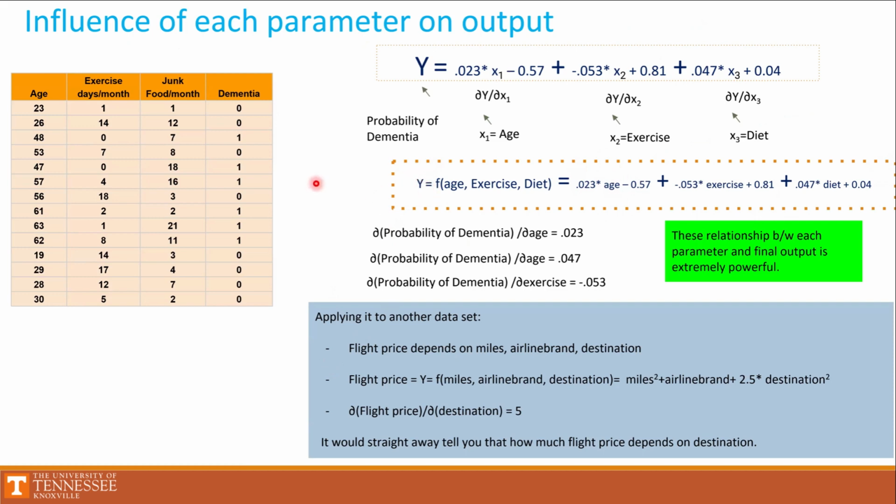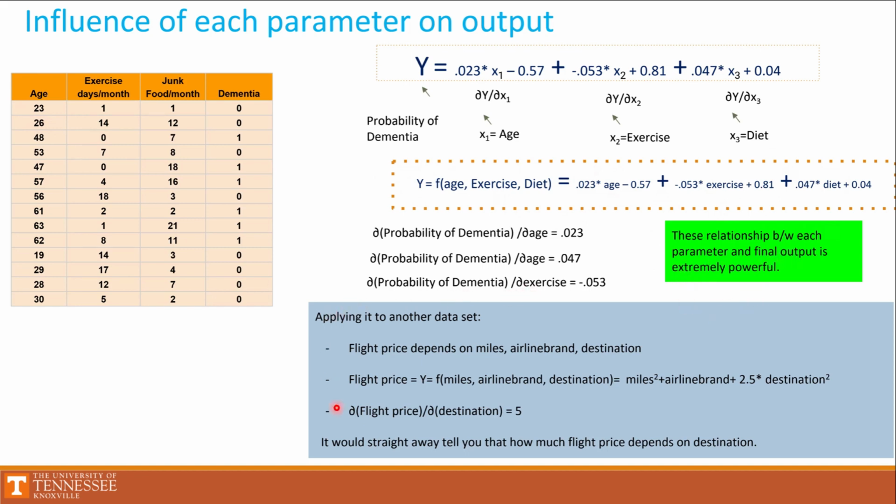For example, by using these equations, I'm able to tell, or at least come very close to the final answer, for any age I choose. It will depend on other parameters for sure, but at least it will give me a relationship, right? So these kinds of relationships, where each parameter and the final output are related to each other, are extremely powerful.